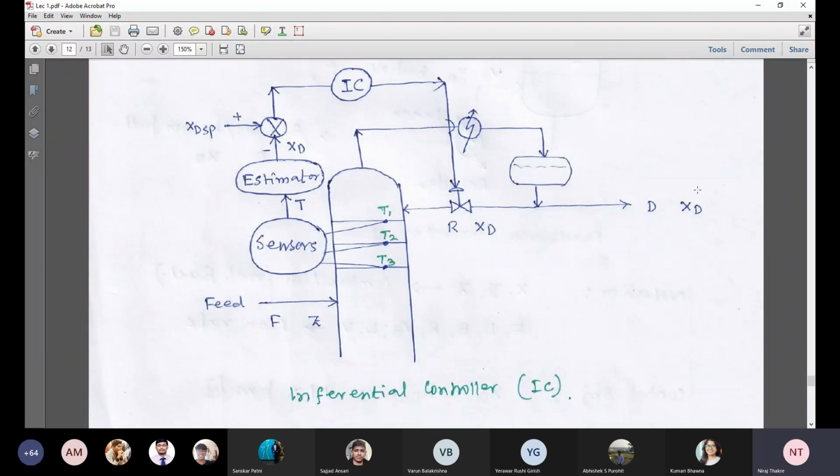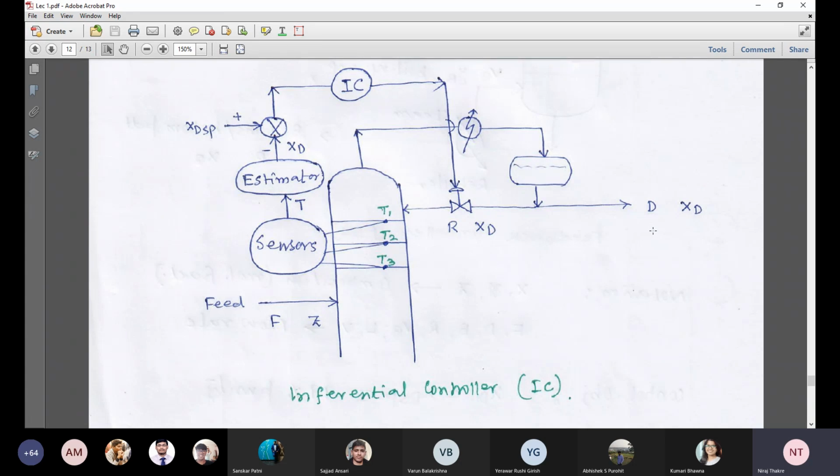We are trying to get the desired purity, but nowhere is any proof involved with this measured XD because we are not measuring. That's why what we do, we measure this XD intermittently. Maybe at half an hour interval or maybe 1 hour interval. It may not be online.